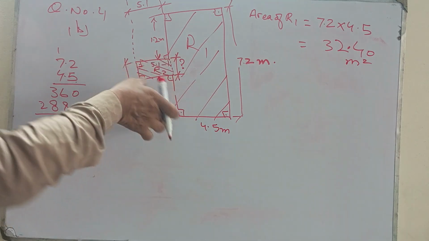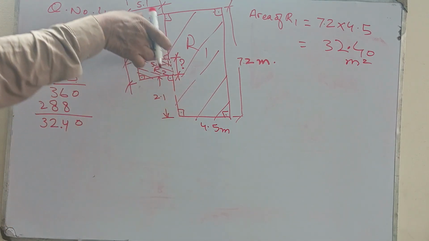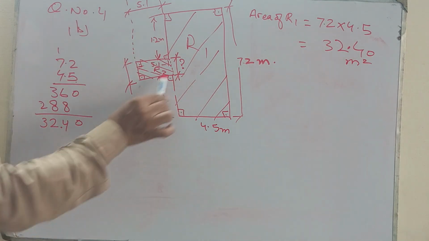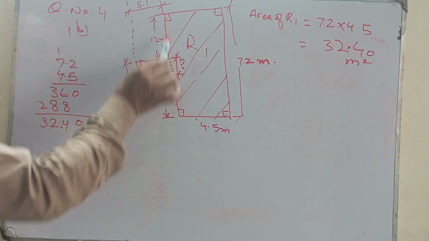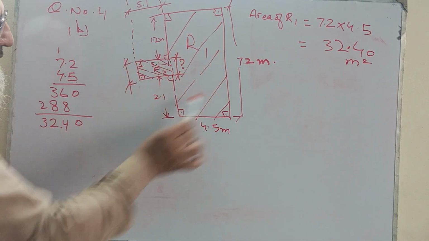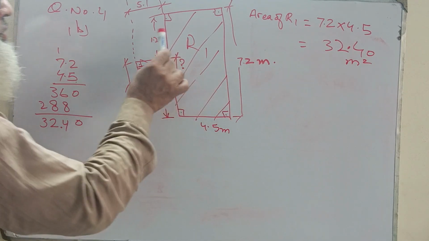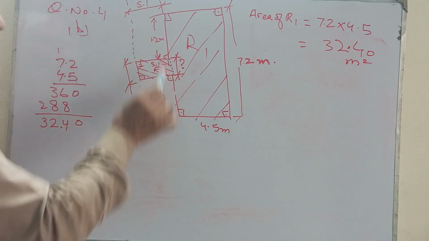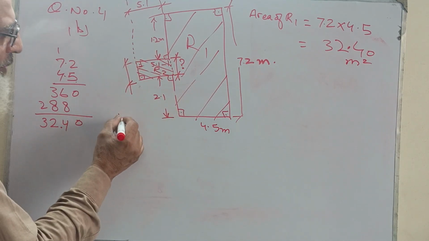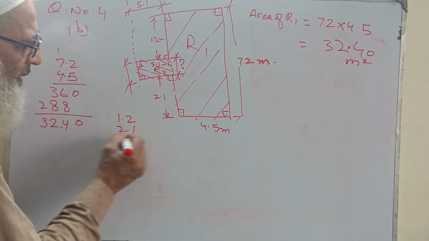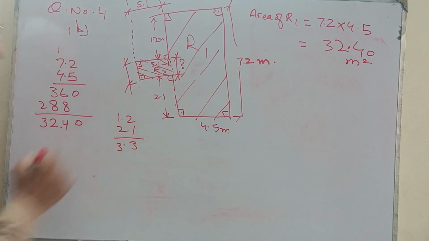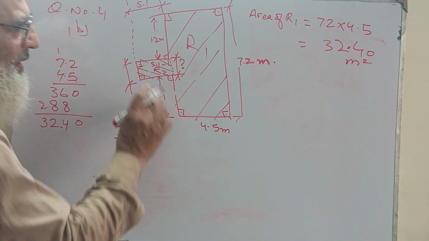Since this measure is given, and from here to here it is given, this is a regular rectangle. So if I add these two, 1.2 and 2.1, it will be 3.3.